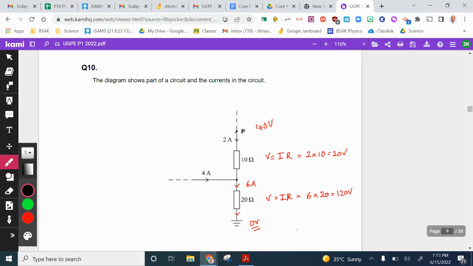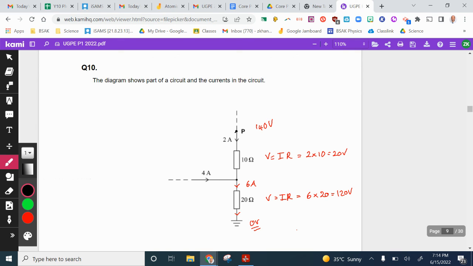Now we were looking at the potential difference between this point and the earthing point here. We know the current going through this resistor, and we know the resistance. So with current and resistance, I can find potential difference. The potential difference across the 10 ohm resistor is 2 times 10, which is 20 volts.